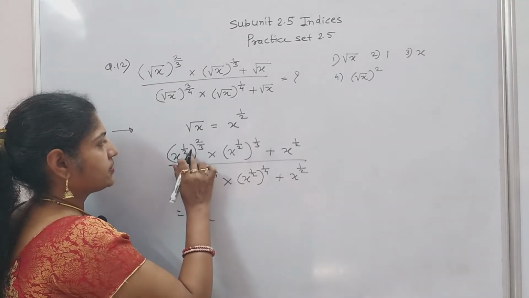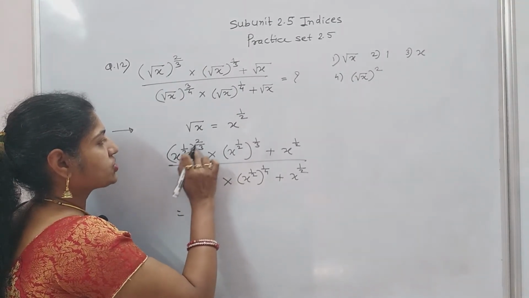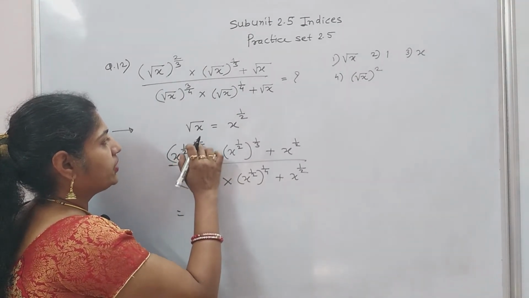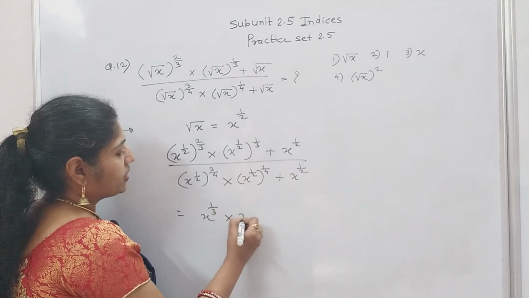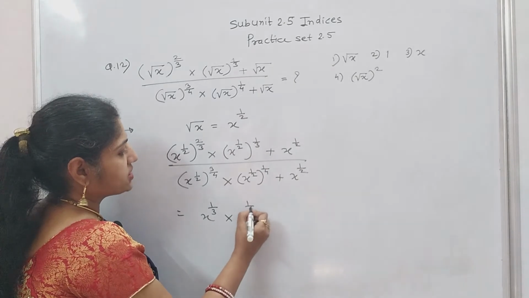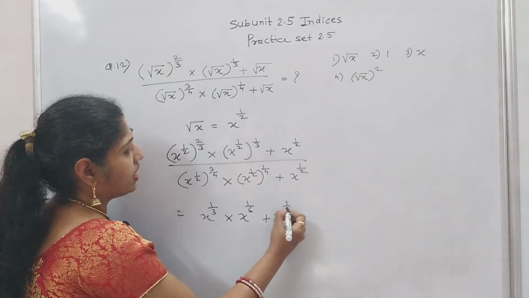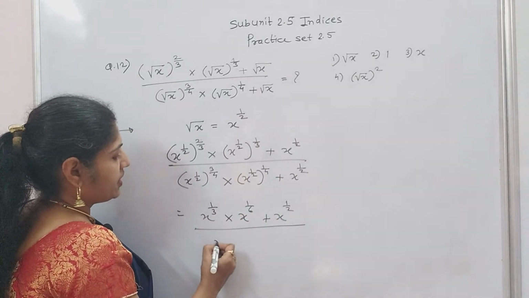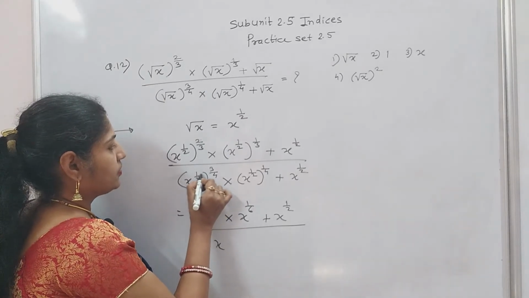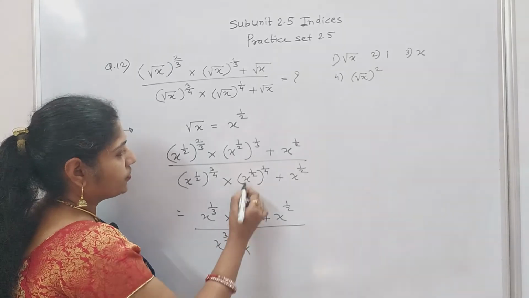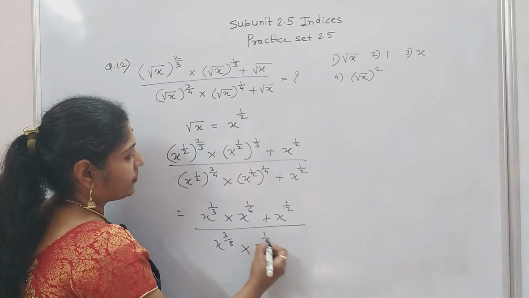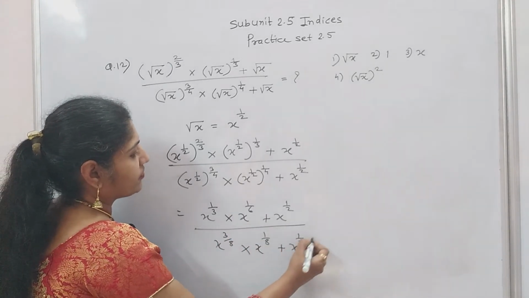Now solve this. x raised to multiplication of both the indices. 1 into 2, 2 2s are cancelled, 1 upon 3 into x raised to 1 upon 6 plus x raised to 1/2, upon x raised to 3 upon 8 into x raised to 1 upon 8 plus x raised to 1/2.